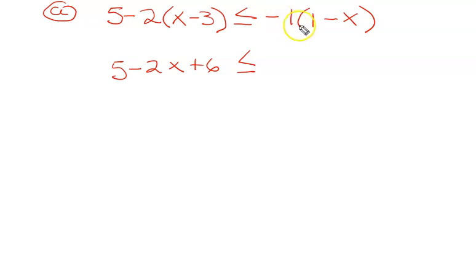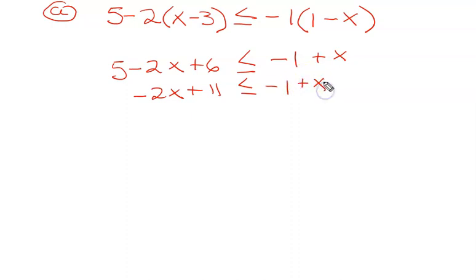Now I put in a negative 1 here because you're just going to distribute or remove the parentheses and just change the signs. This becomes a negative 1 and this becomes a plus x.